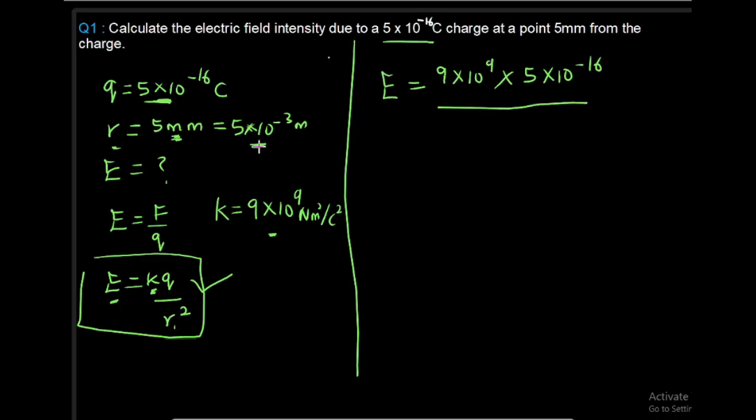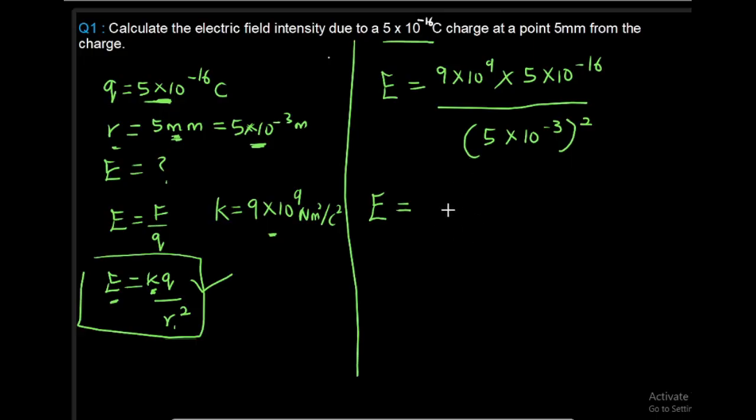The distance was also given to us. We have 5 times 10 raised to the power of minus 3 meters, and now the distance squared. So we have this squared, and we'll just use our calculator to simplify this and then we get our final answer.